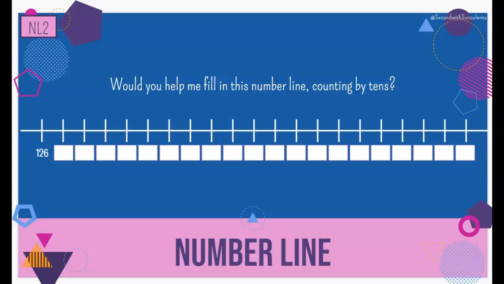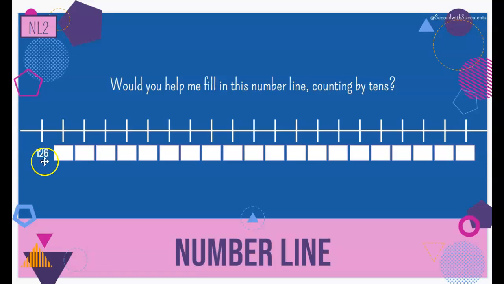Now, we've been counting by tens for our Guess My Number game in our number line. We're still going to count by tens this time, but instead of starting at 0, we're starting at the number 126. So we're going to fill in the rest of this number line counting by tens. When we're done, we're going to look at what we noticed.